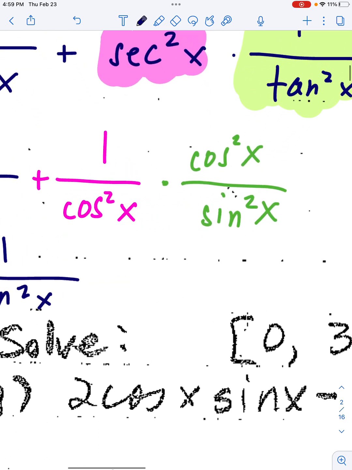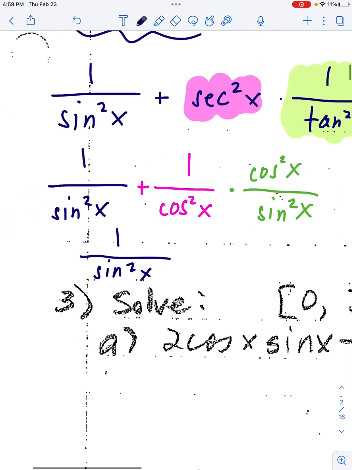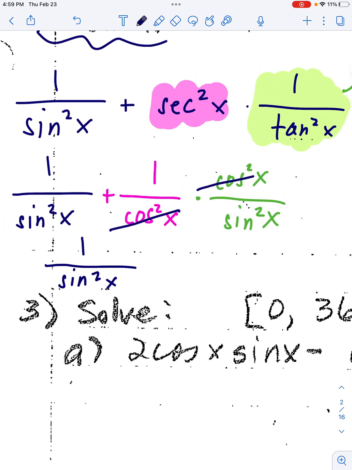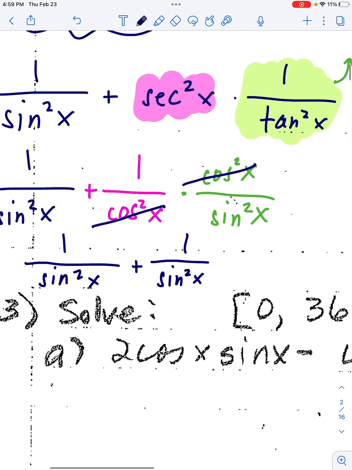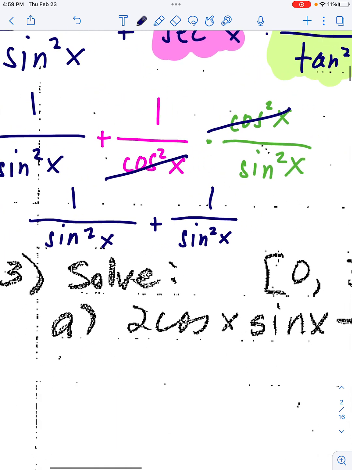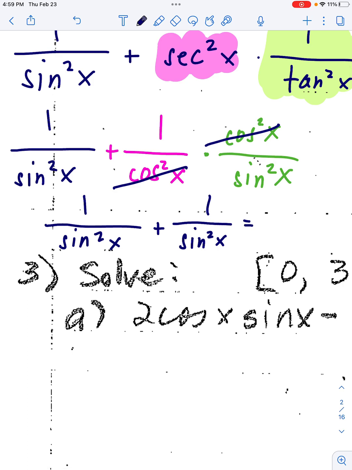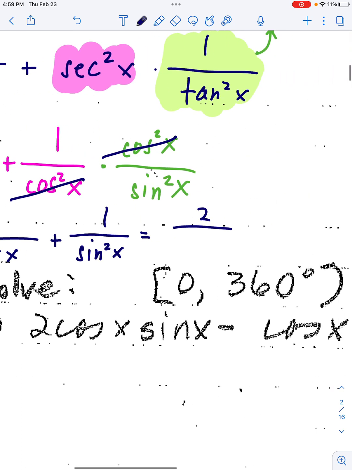Right here, when I multiply these pink and green numbers together, the top and bottom cancel. And I have plus 1 over sine squared x. Okay? We have two fractions here with the same denominator that we're adding together, so we're just going to add across the top. That'll give us 2 over sine squared of x, right?